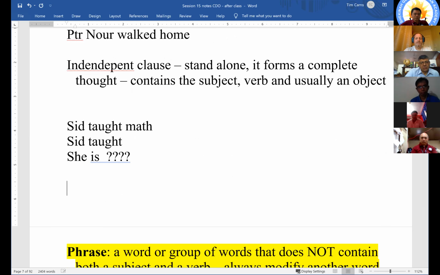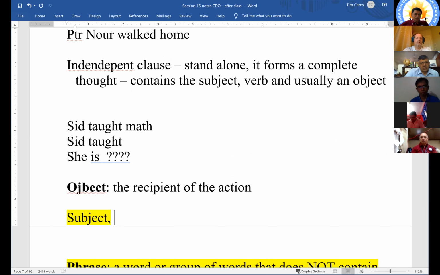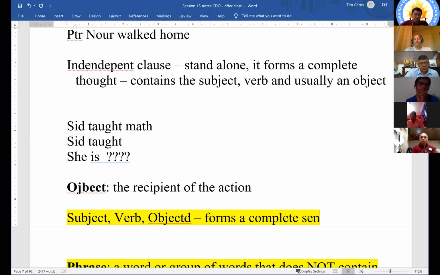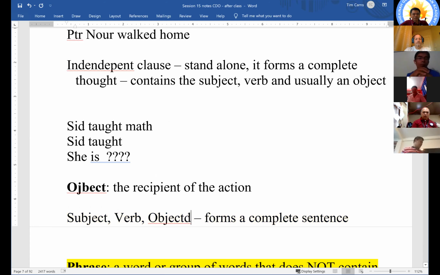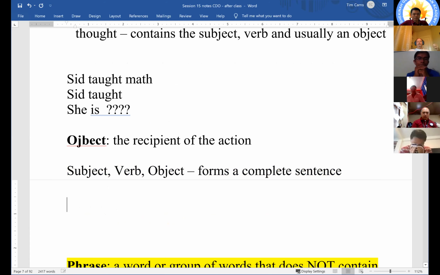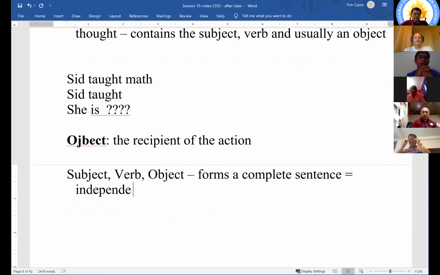We have a subject, a verb, and an object. This forms a complete sentence. All right, so let's look at a couple of examples. That's a sentence pattern. Okay, that could be another way to look at it. All right, and so an independent clause is a complete sentence.